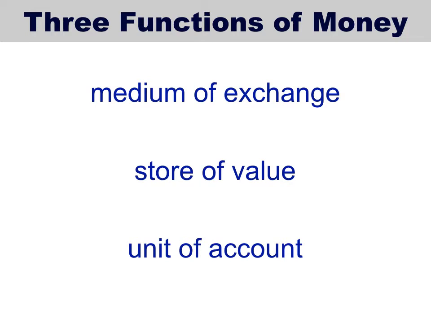Money has three functions. The most important is what we just discussed, the medium of exchange. We can exchange any good or service using money. So that's its primary, most important role. The other thing that we would like money to do is store value.